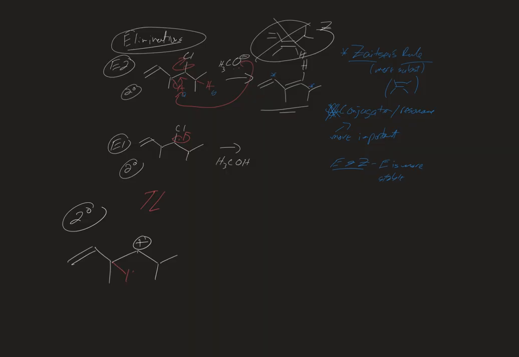There is an H here and there's an H here, like those beta hydrogens. But we're actually going to rearrange. So this H is going to rearrange the electrons there. It does that because now you've created a tertiary allylic carbocation, which is more stable.